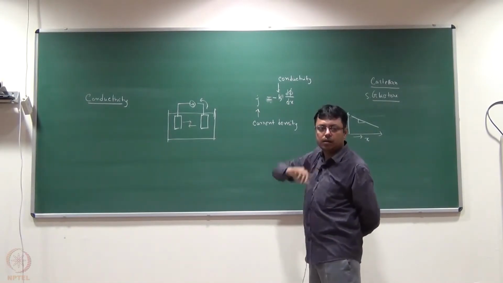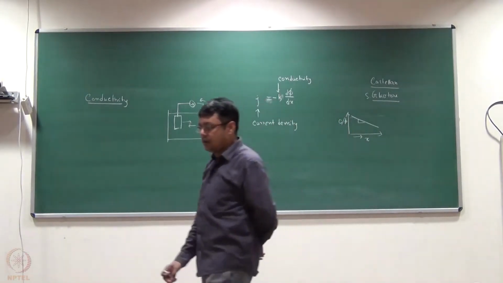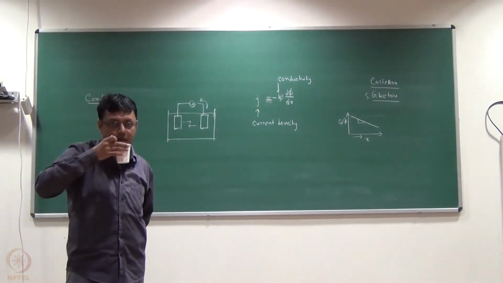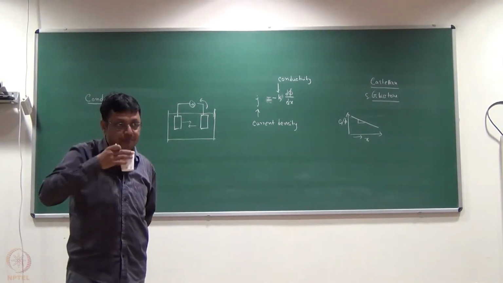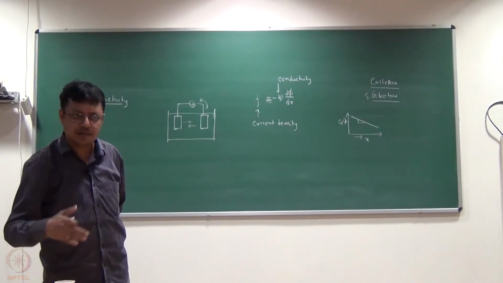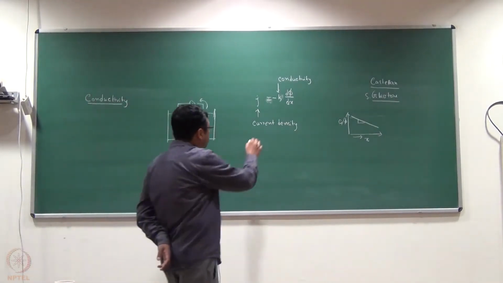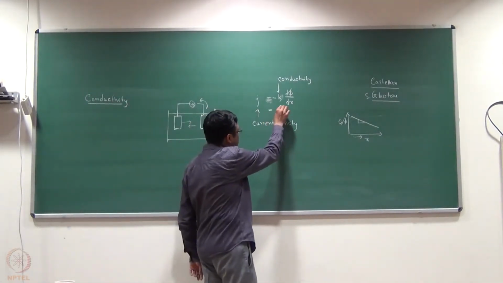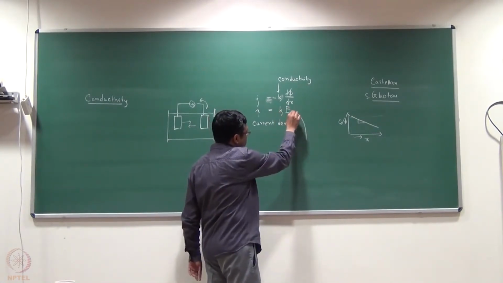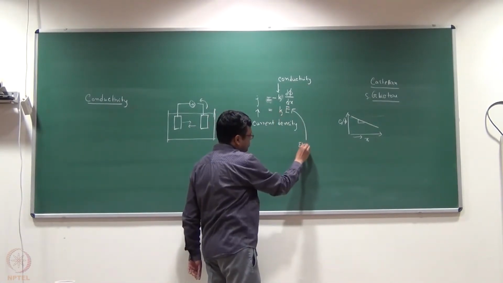And already you know that the negative gradient of potential is, by definition, the electric field. So this is nothing but kappa times E, where E is basically the electric field.